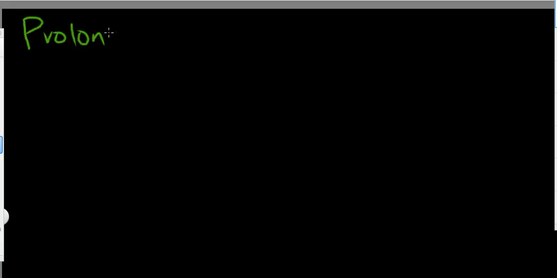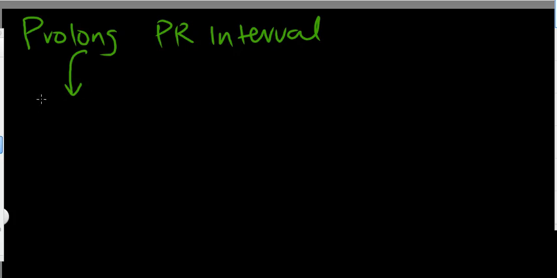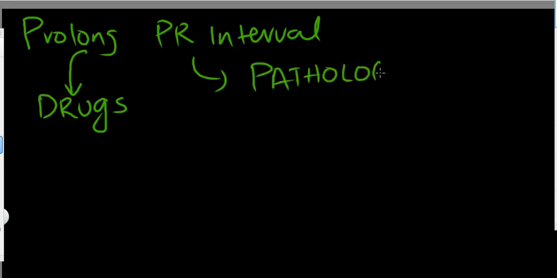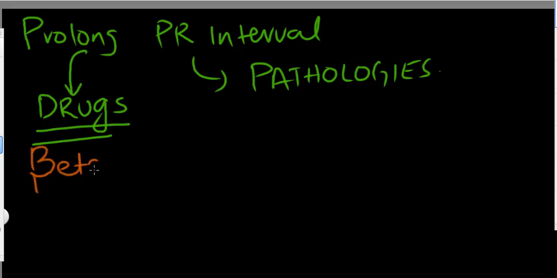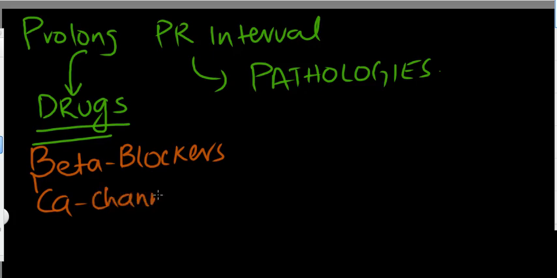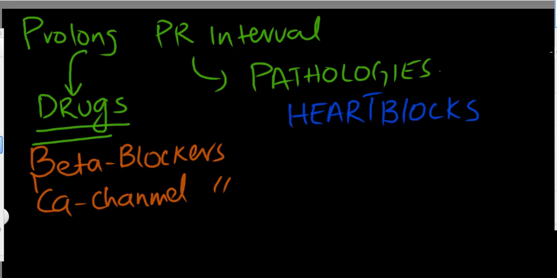A prolonged PR interval has some drugs causing it, some physiological causes, or you can get pathologies which cause it. A common drug which can cause a prolonged PR interval is beta blockers and calcium channel blockers, while there are pathologies like heart blocks which can cause prolonged PR intervals.